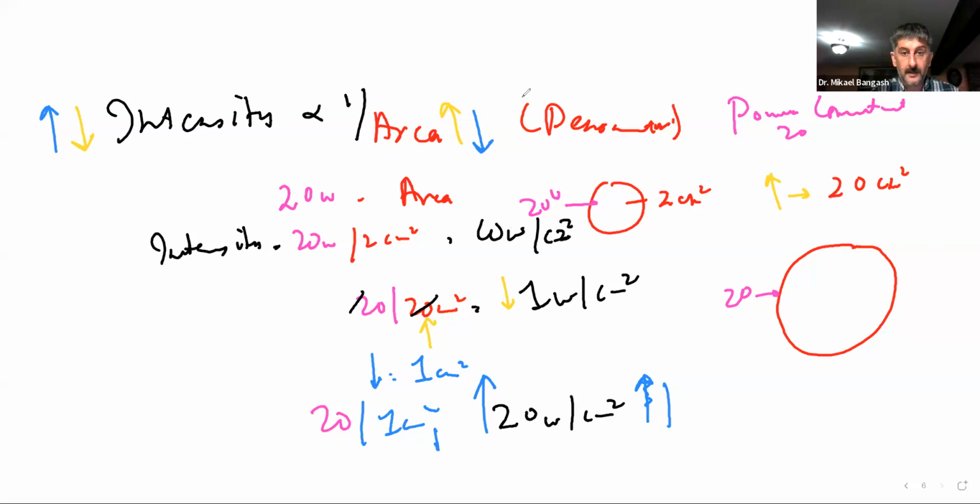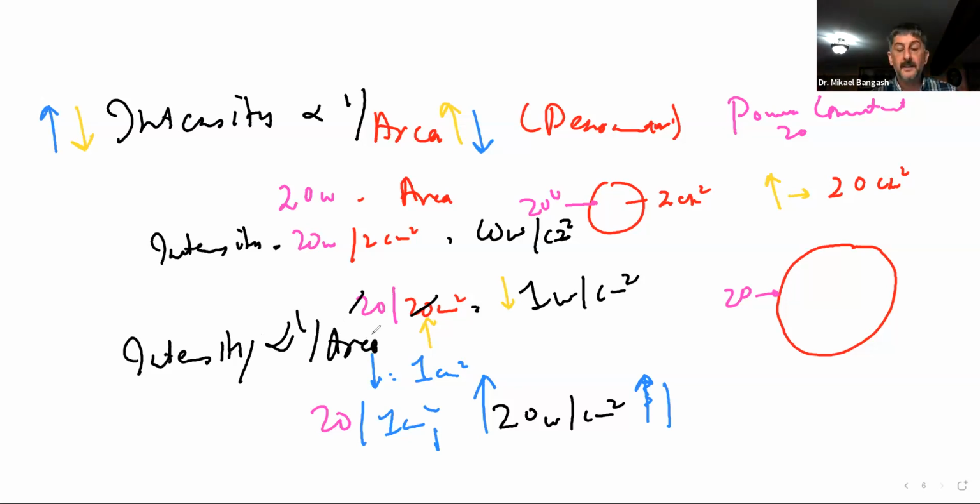So that establishes that intensity is inversely proportional to area. Did that make sense? Yes. Good.